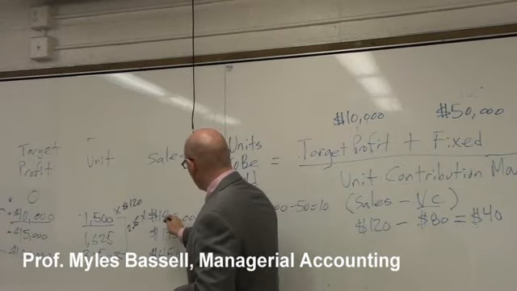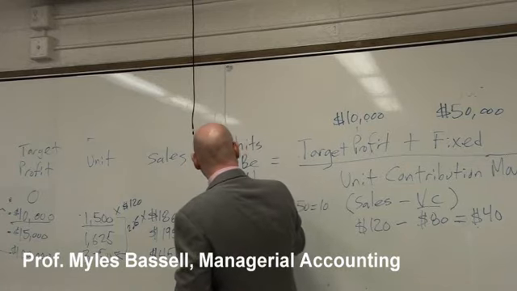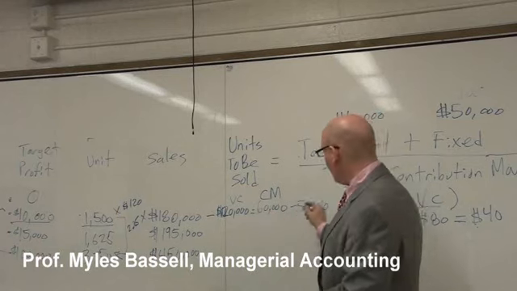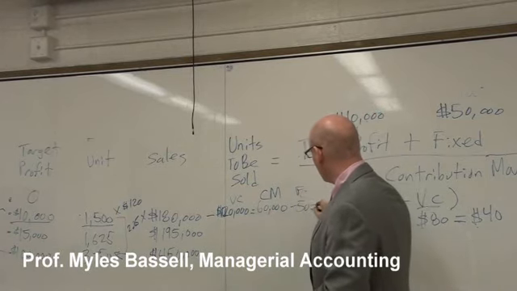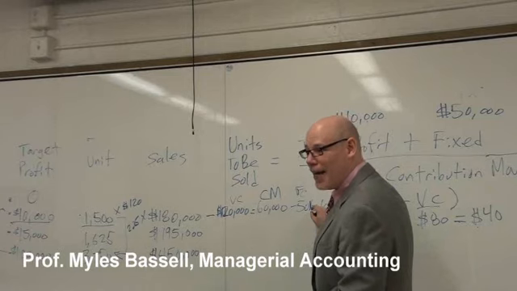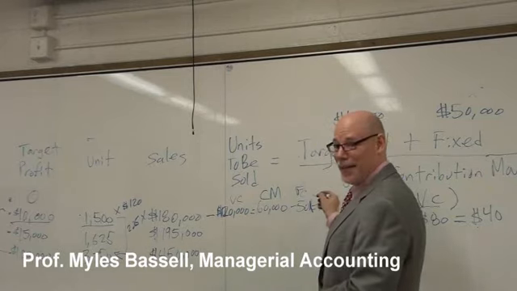When we subtract from the sales the variable cost, we have a contribution margin of 60,000, and then we subtract the fixed cost of 50K, right? Gives us 10K.